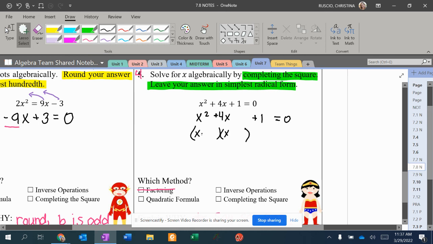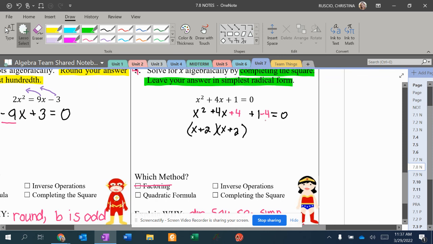So if you're thinking x plus 2, all times x plus 2, you are right, because 2 plus 2 is 4. Yay. So 2 times 2 is also 4. That's great how that works. 2 times 2 is 4. So if we're adding 4, we also have to subtract 4. So the 1 minus 4 becomes minus 3, and that would equal 0.